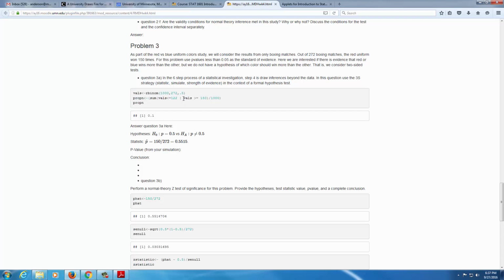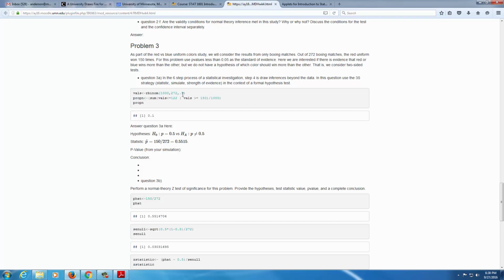But this also says we need to consider the number of matches won by the red boxer to be 122 or lower. The reason we are worried about 122 or lower is because this is the same distance below the expected number under randomness as 150 is above the expected number for randomness.